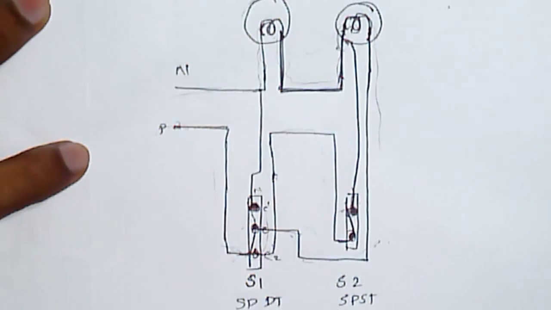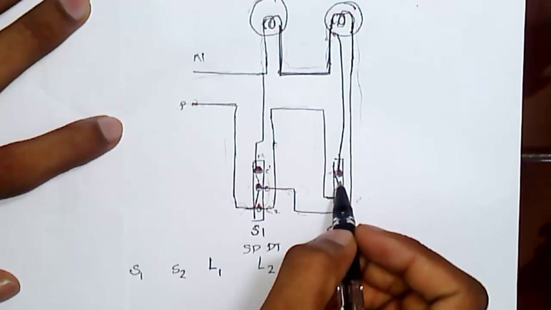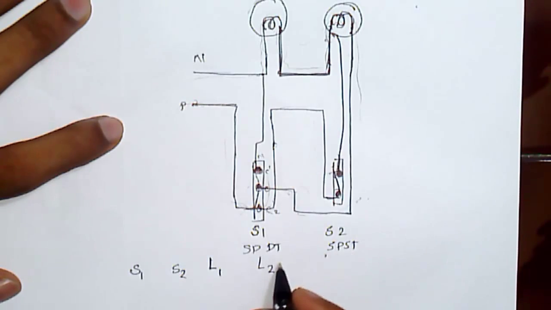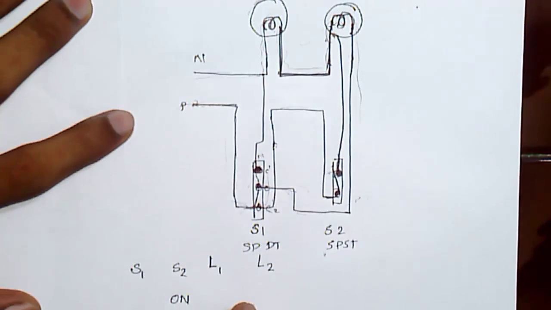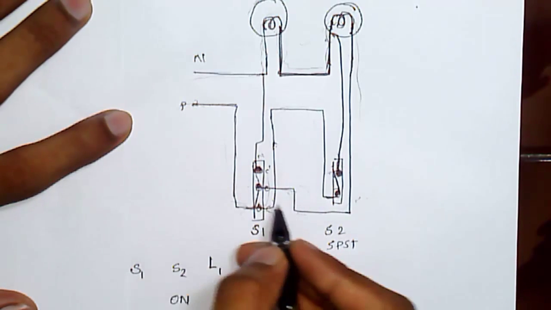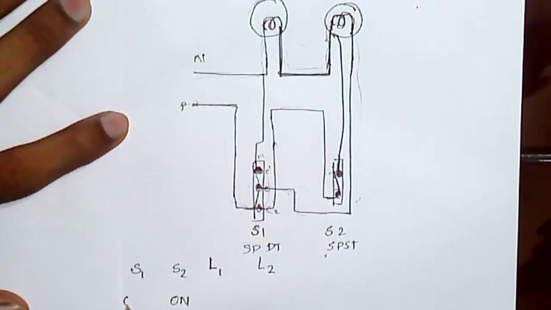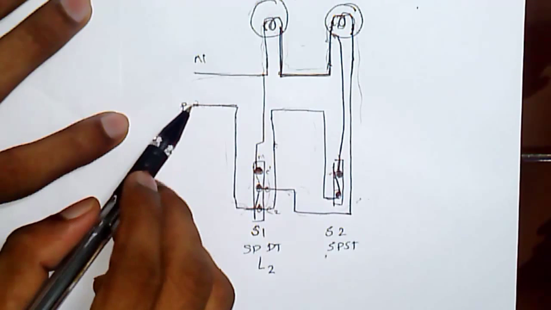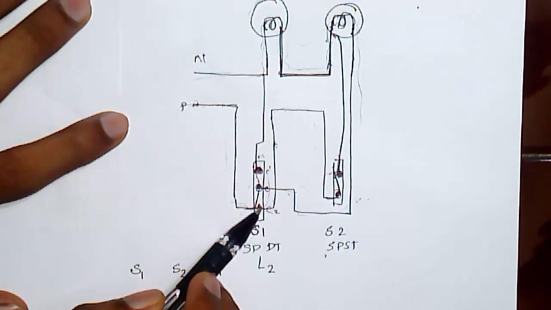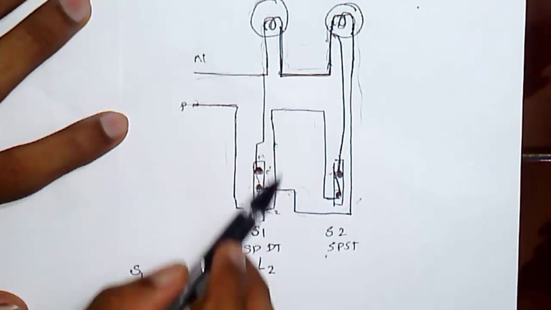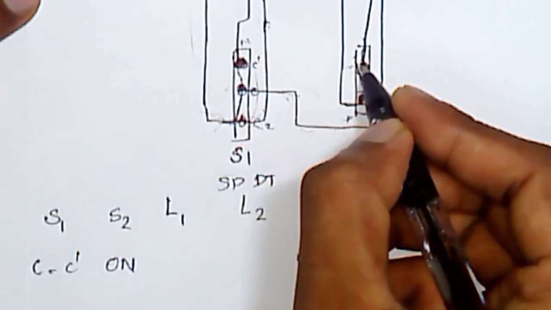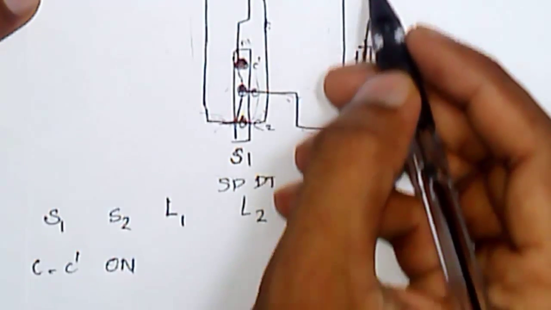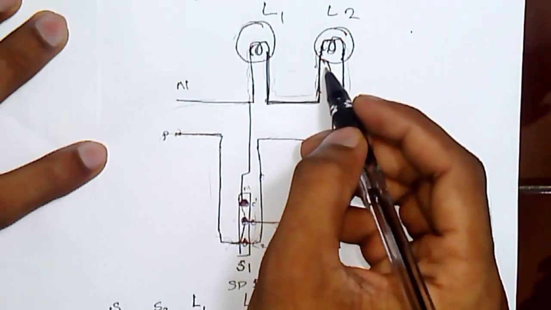The working is that, suppose this switch S2 is on, that is closed, and S1 is at position C1 dash. We have a connection like this. From C2, the phase is coming here and is joined here.